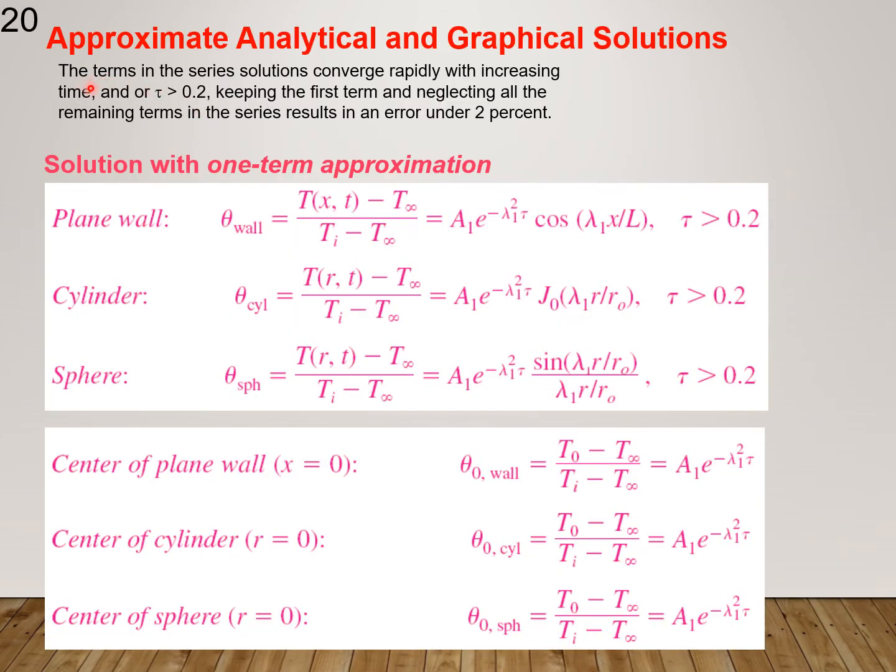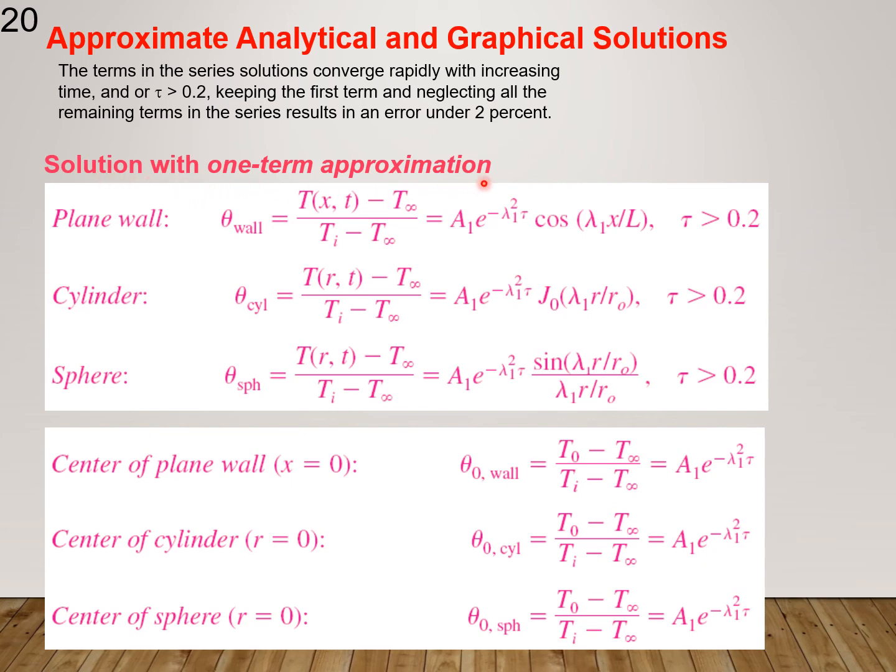So here we have discussed the approximate, analytical and graphical solutions. The terms in the series solution converge rapidly with increasing time, and for tau greater than 0.2, keeping the first term and neglecting all the remaining terms in the series results in an error under 2%.